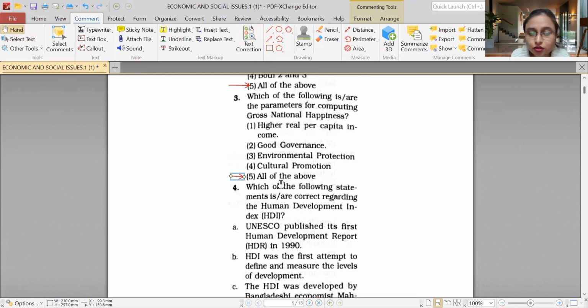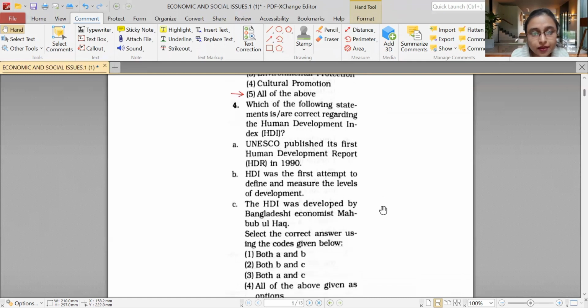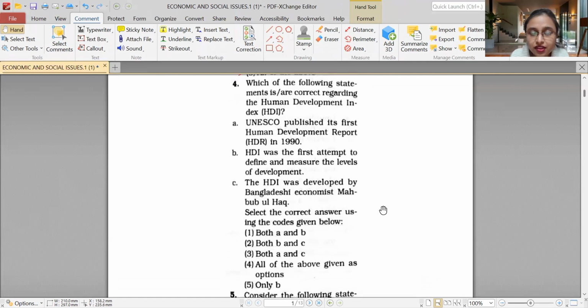Next, moving on to the fourth question. Which of the following statements is or are correct regarding the Human Development Index, HDI? The options here are: A, UNESCO published its first Human Development Report, HDR, in 1990.